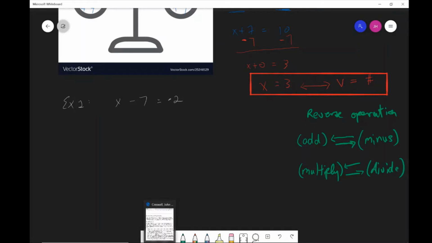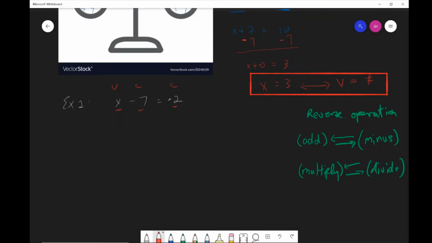Do you see that I have a variable here, a constant and a constant? Variable, constant, constant. I want to make my final answer look like the variable equal to a constant. So with that being said, there are 2 constants in my example question number 1, and I want to make it into 1. So how can I do that?